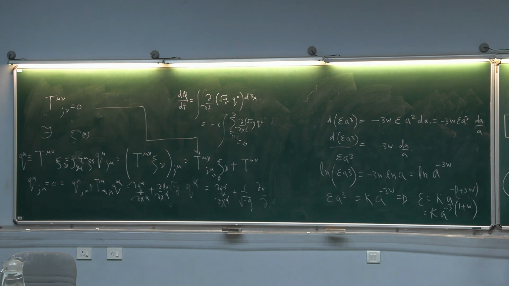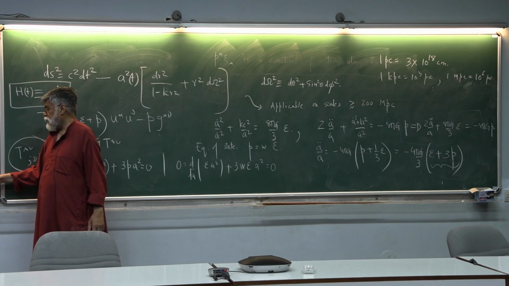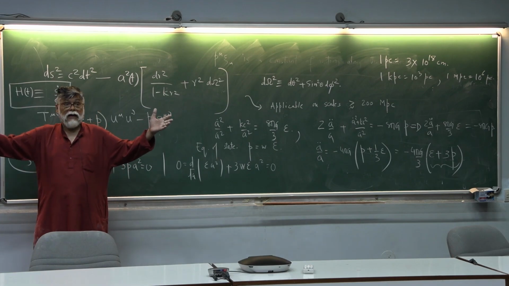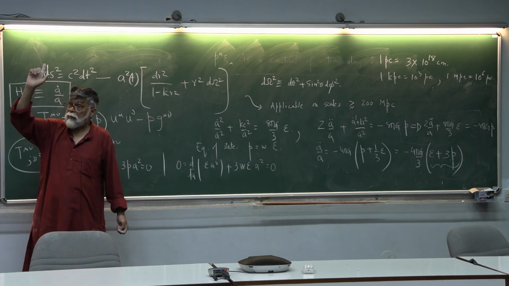And dark matter particles, cold dark matter particles, their pressure is 0. So therefore, their energy density will go as 1 over A cube. The physical way also I can explain it. If there's a question, I'll explain. For radiation matter, W is 1/3. 1 plus 1/3 is what? 4/3. 4/3 times 3 is 4. So for radiation, ultra-relativistic particles, energy density goes as A raised to power minus 4.